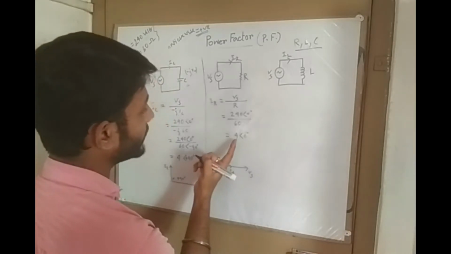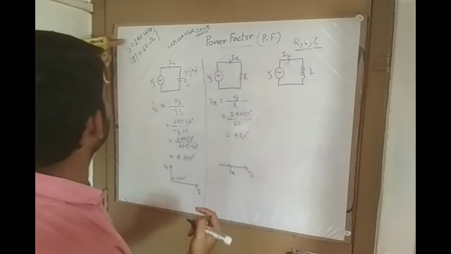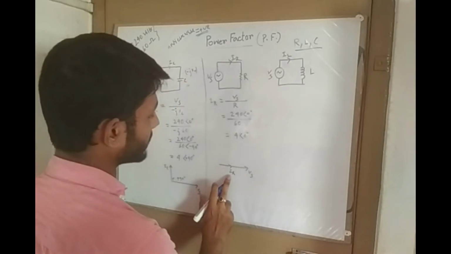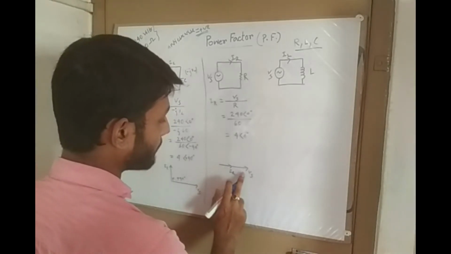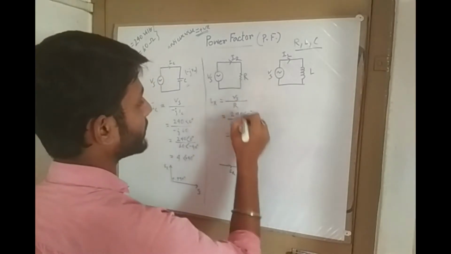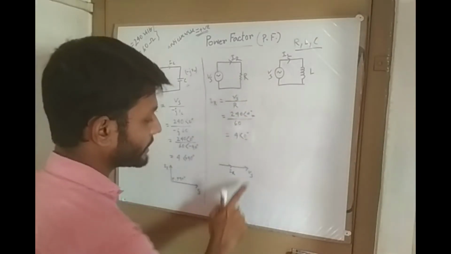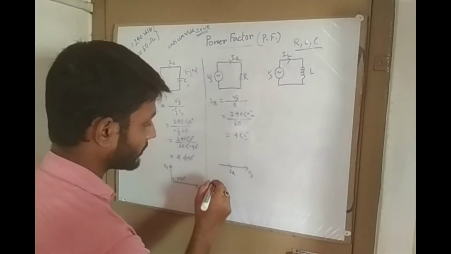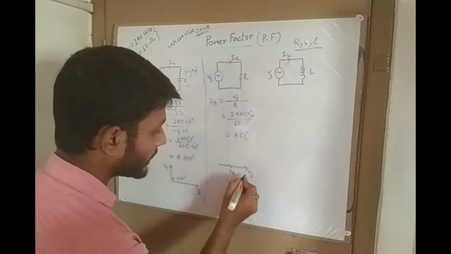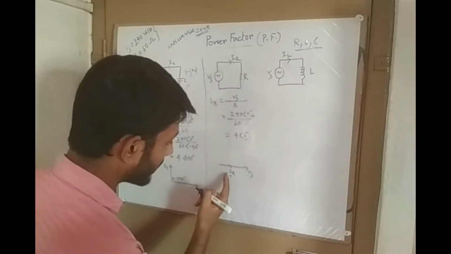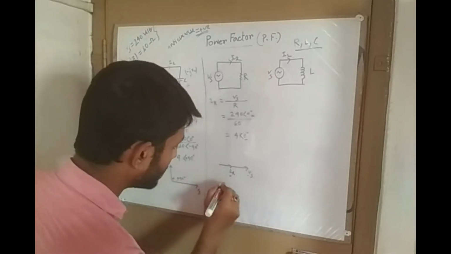In magnitude it is 4, but Vs magnitude is 240, so Vs is much greater than IR in magnitude only, and both have the same angle, 0 degree, which is the reference line. So here the angle between this supply voltage and the current IR is 0 degree.